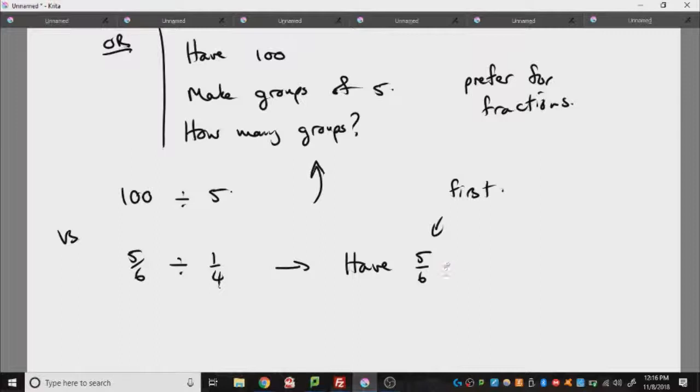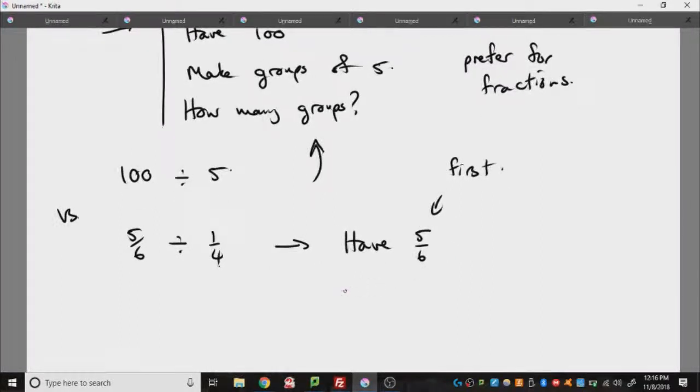I have 5 sticks of whatever, loaf of bread. I am making groups of, what is wrong with me? It's beautiful. Making groups of 1/4 of a loaf of bread.